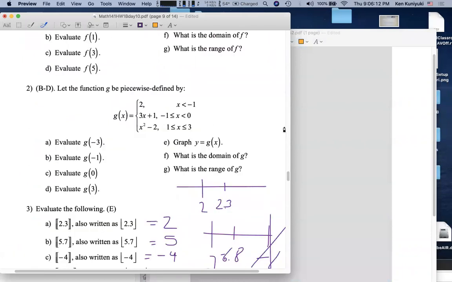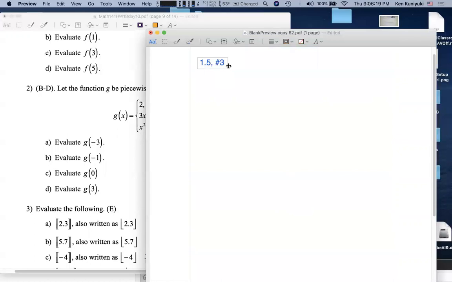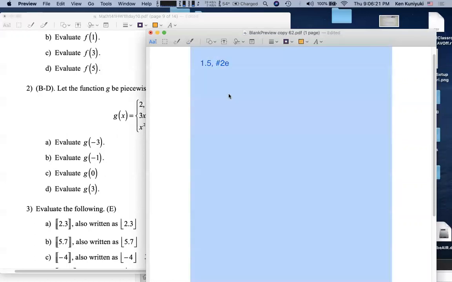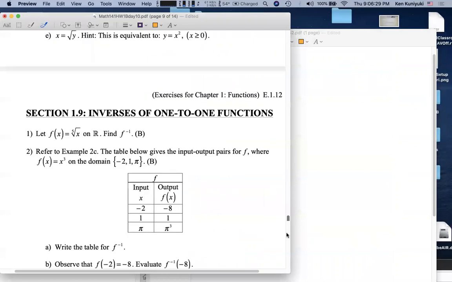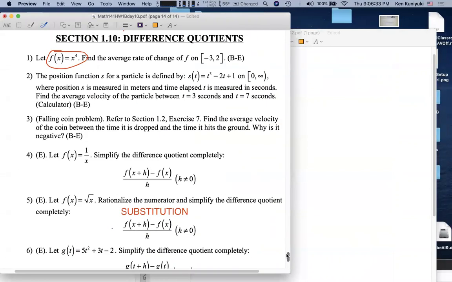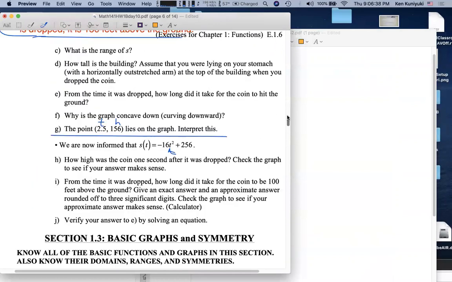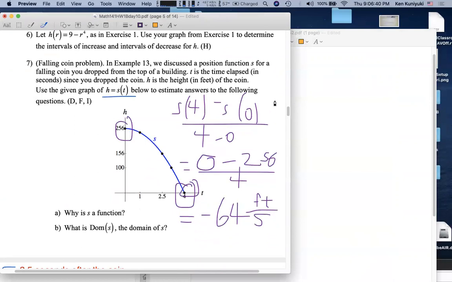Okay. So 2e. Sorry, can you show 1.10 number 3 again, please? 10 number 3. Was it the... I put that up here.